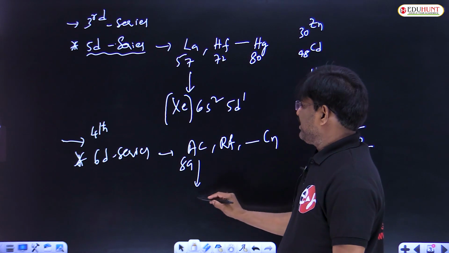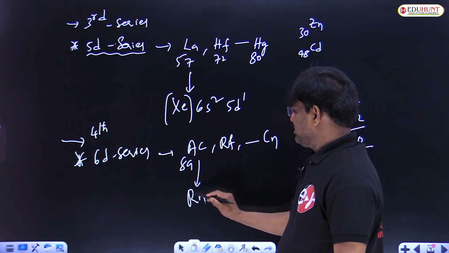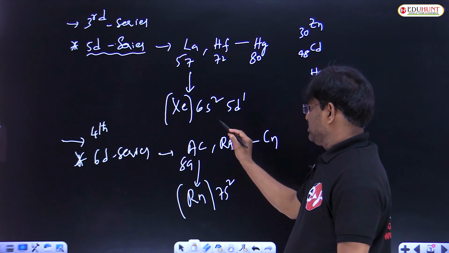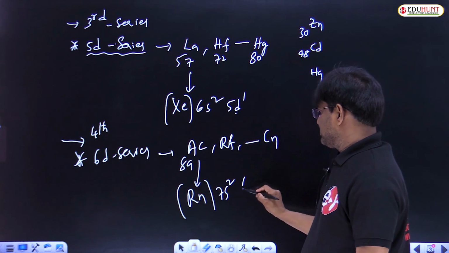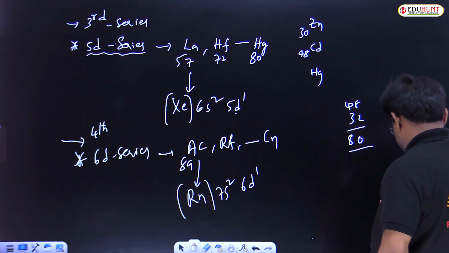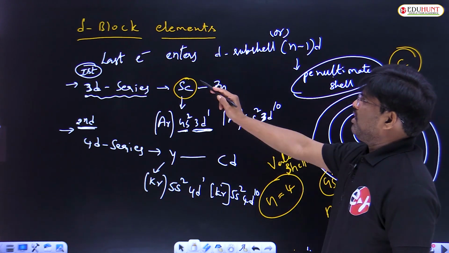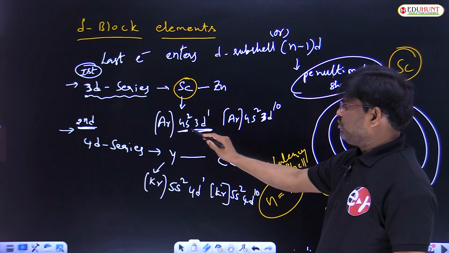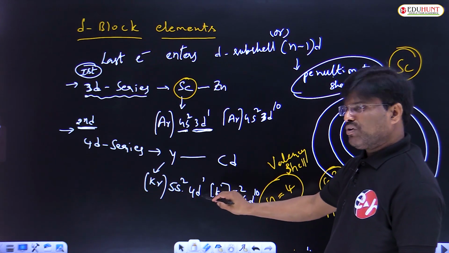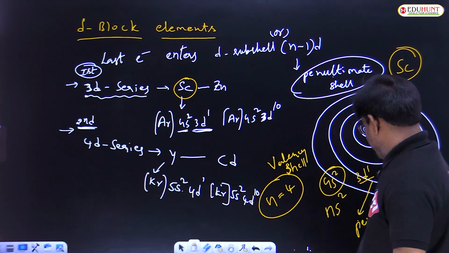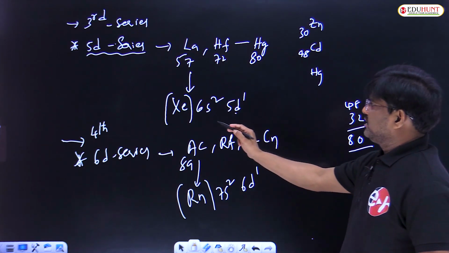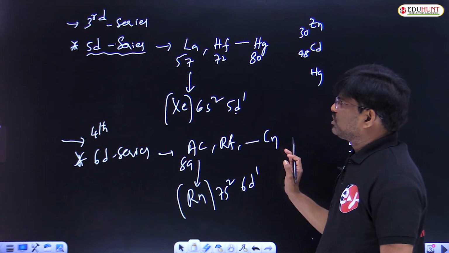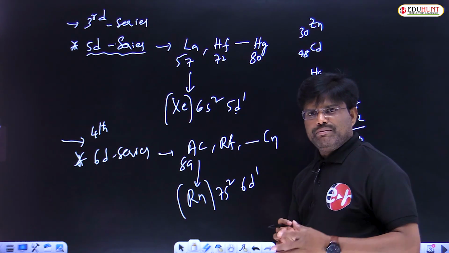The electronic configuration is radon 7s2 6d1. Last electron enters into the d subshell: 3D series scandium 4s2 3d1, then 5s2 4d1, next 6s2 5d1, and 7s2 6d1. So this is about the D block elements.